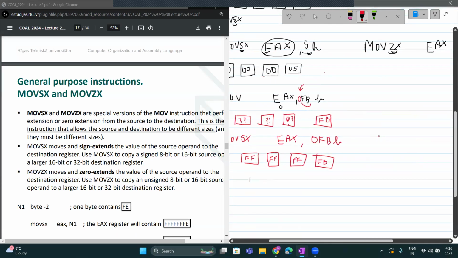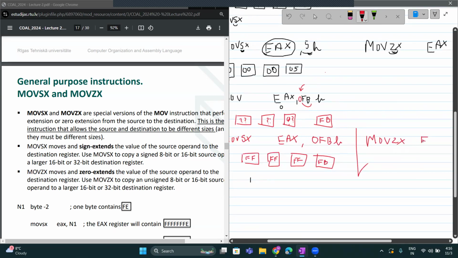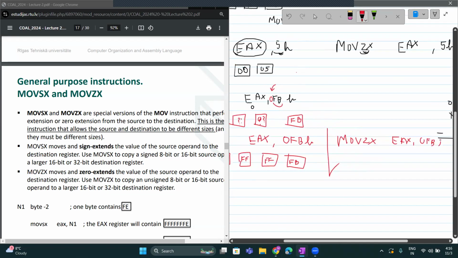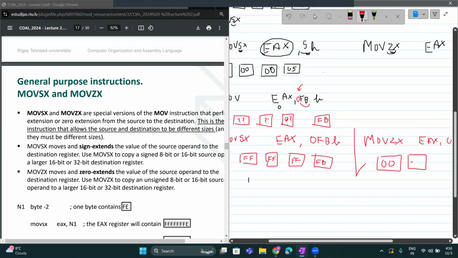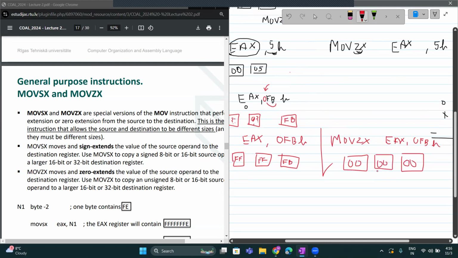On the other hand, if we do move zero extend EAX, 0FB, H, instead of extending the sign, it will extend the number into the whole register in the form of zeros.